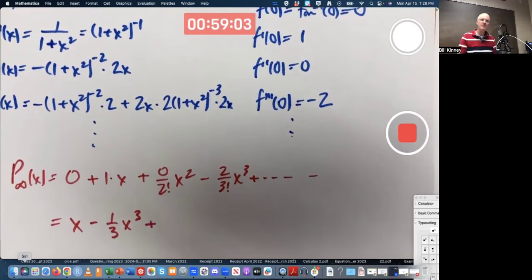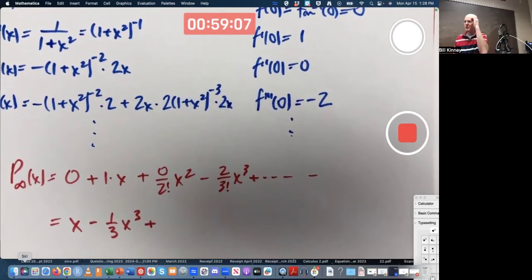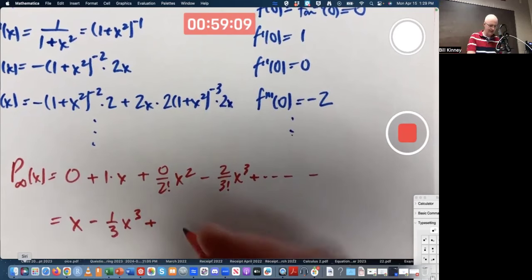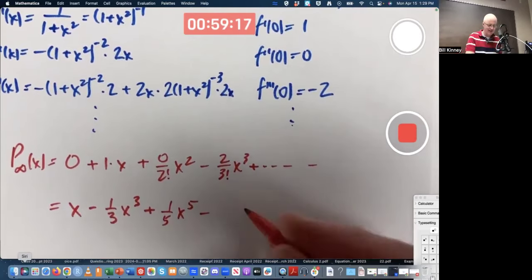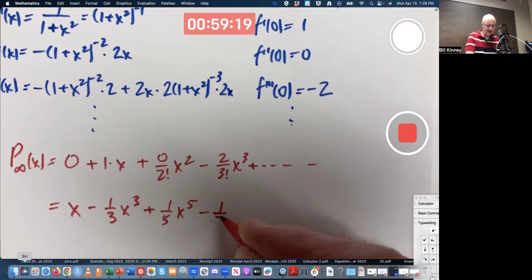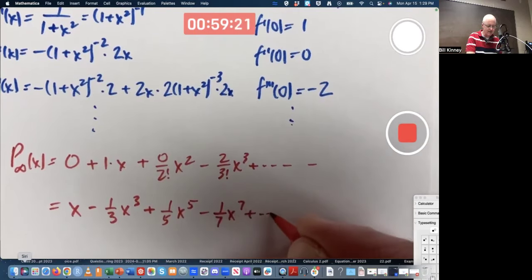What is the next term? If memory serves me right, and memory goes back to an hour and 20 minutes ago, it's 1/5 x to the 5th, right? The previous section. The next one turns out to be minus 1/7 x to the 7th, etc.